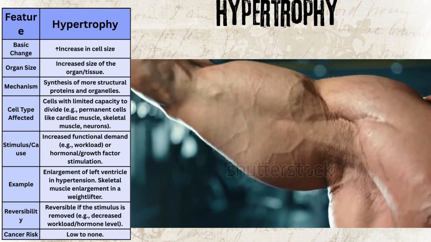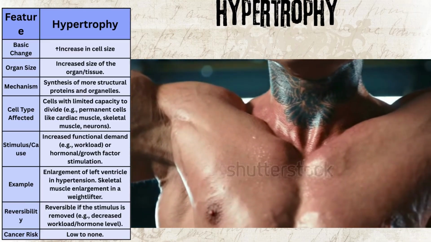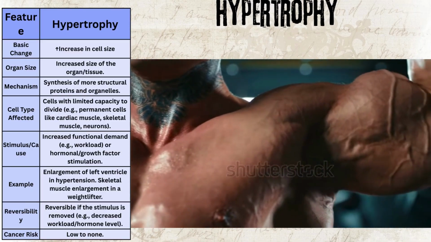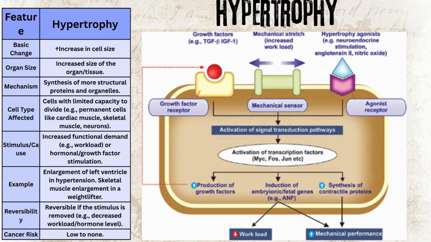Hypertrophy. The city can't build new buildings, so it makes the existing ones bigger. Let's understand the mechanism. The cell senses mechanical stretch or gets hormonal signals, then activates transcription factors like GATA4, which makes more proteins and mitochondria.